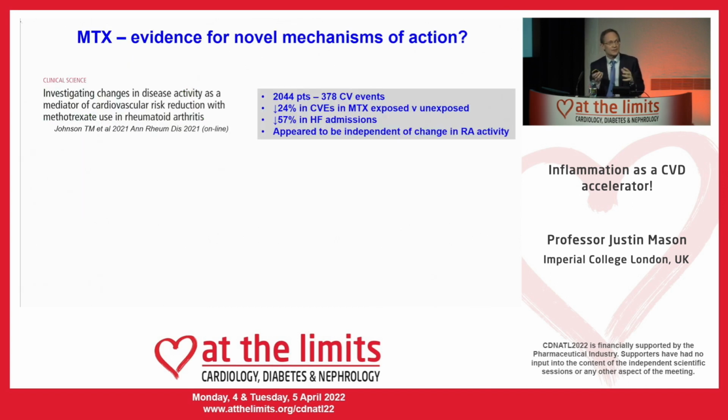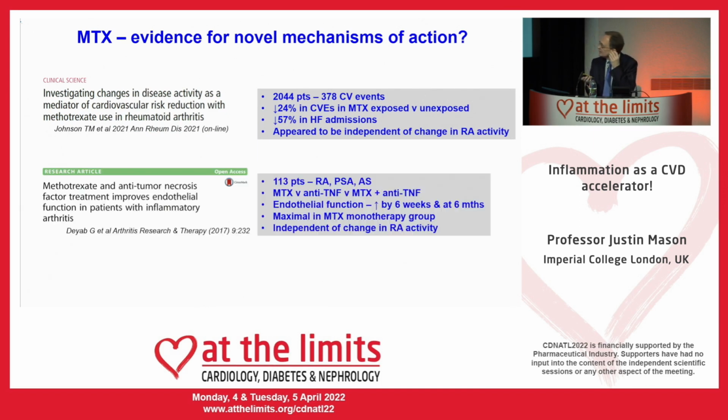But just before we start congratulating ourselves and thinking we're on top of all of this, inflammation is the key, 2 subsequent studies came out over the last 2 or 3 years which suggest that some of the benefits seen for methotrexate in the upper study in terms of cardiovascular events and admissions to heart failure, both of which came down substantially, and in the lower study looking at endothelial function and changes in response to treatment, they see benefits in both studies, but when they control for disease activity, they find that a lot of the benefit is irrespective of rheumatoid disease activity.